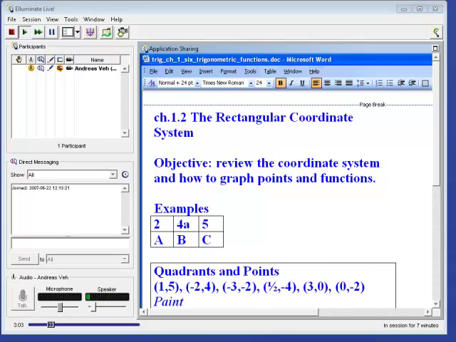Y equals -2 is the y-intercept, and then for the x-intercept I have 2x equals 6, so x is going to come out to 3 for the x-intercept, and so that's how I'm going to graph that line.